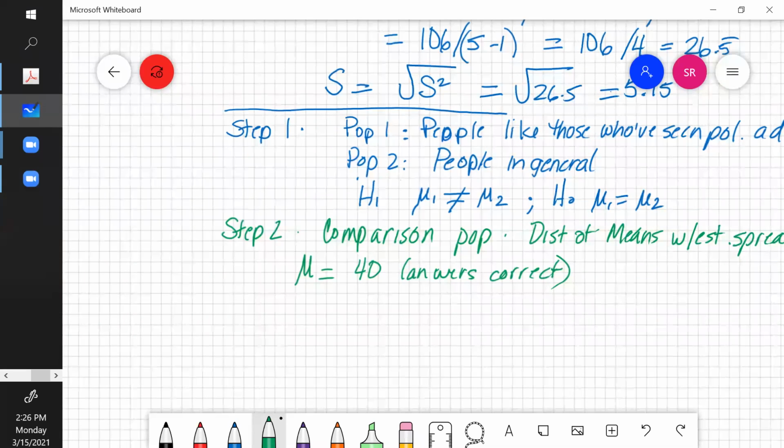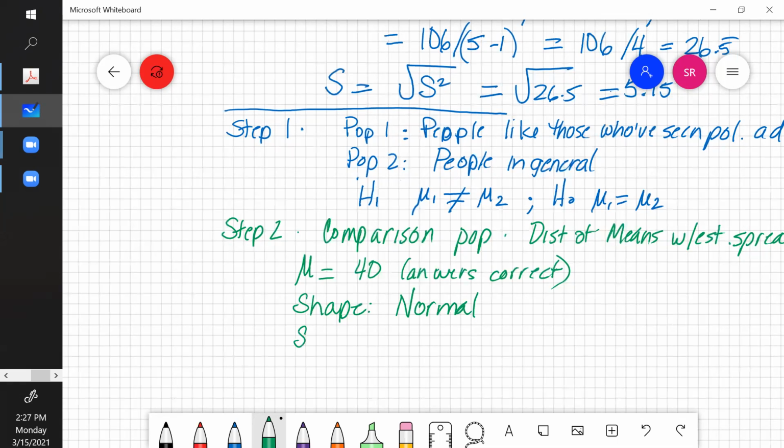We are assuming that the population is normal, so the shape is normal. We need to be told that, but for all of the problems in our chapters, we are assuming a normal distribution. Normally, typically, we'd have to have an n greater than 30 to make that assumption. But in this case, we are told that this is normal.